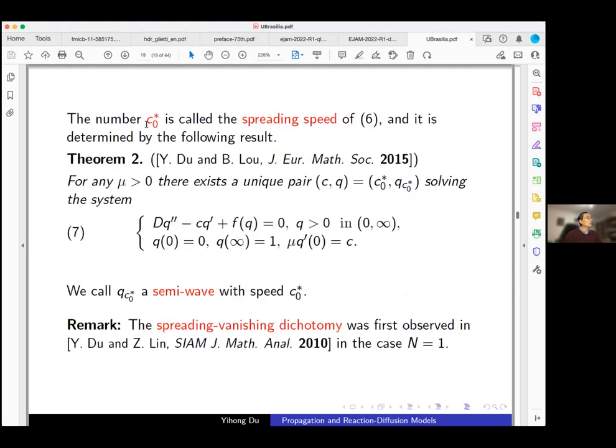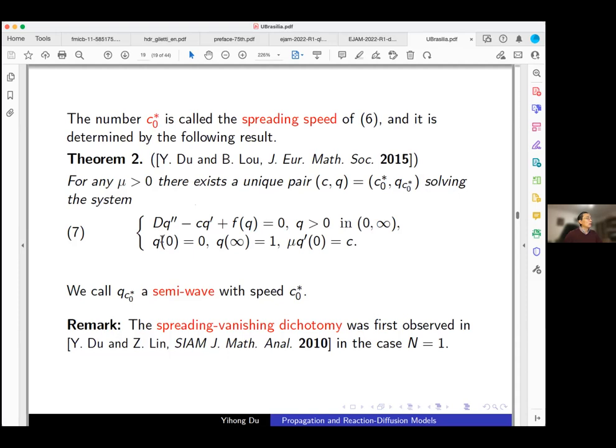And how do we determine this C0 star? Again, you look for traveling wave solutions. This is from joint work with Professor Pendulum Law of Shanghai Normal University. For the free boundary problem, the traveling wave solution satisfies these equations. Now Q is defined on this half line, not the entire line.